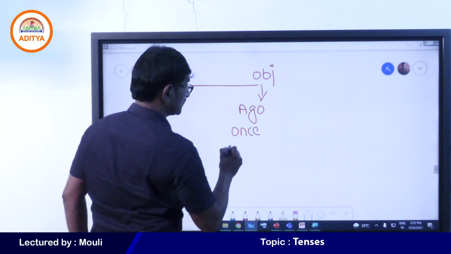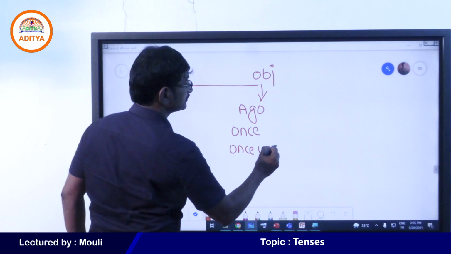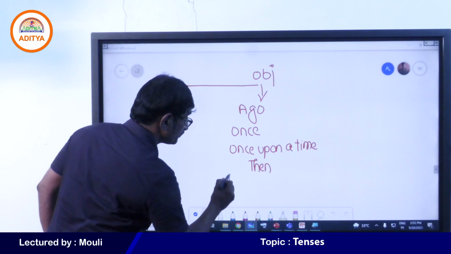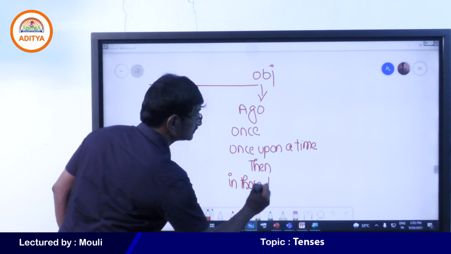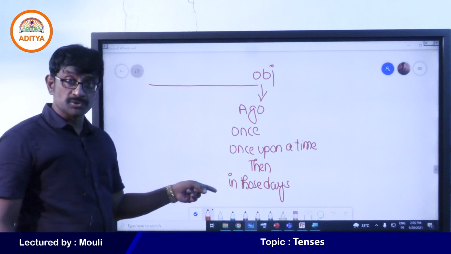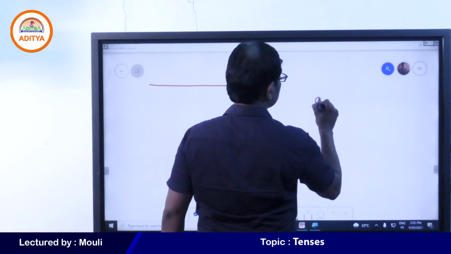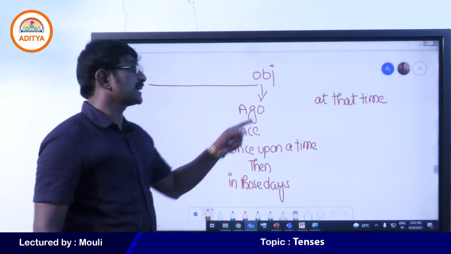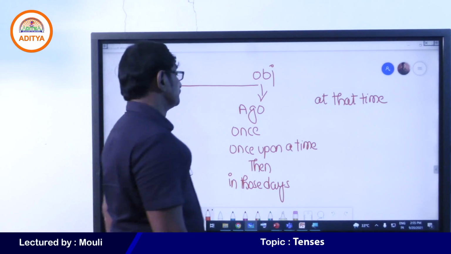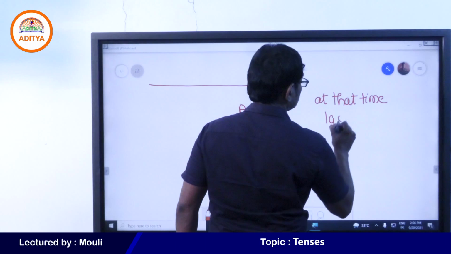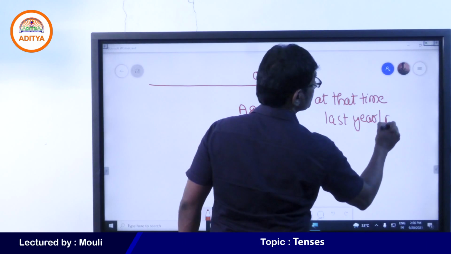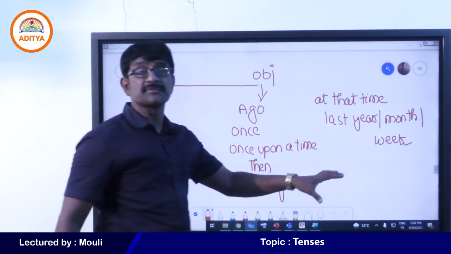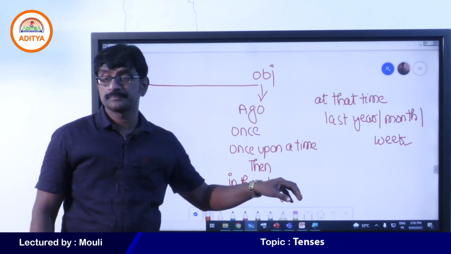Once upon a time, then, in those days, at that time, last year, month, week. All these refer to past simple tense.